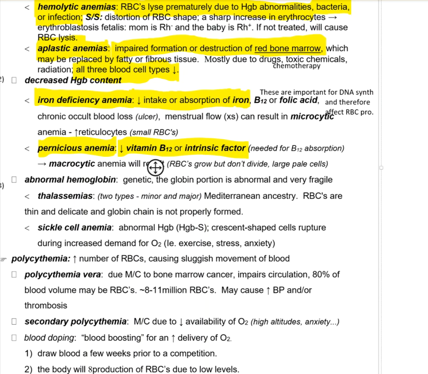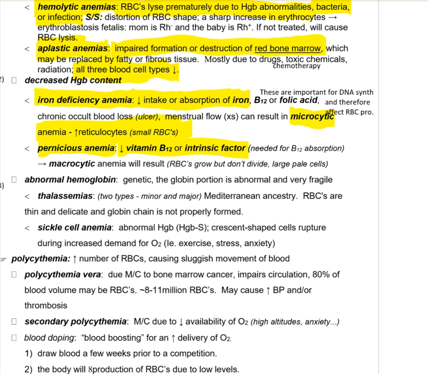If we don't have B12 or folic acid, we can also not make the globin portion of hemoglobin. So as a result, we'll make the red blood cells, but they will not have a lot in them, so they'll be small. They're called microcytic anemia.